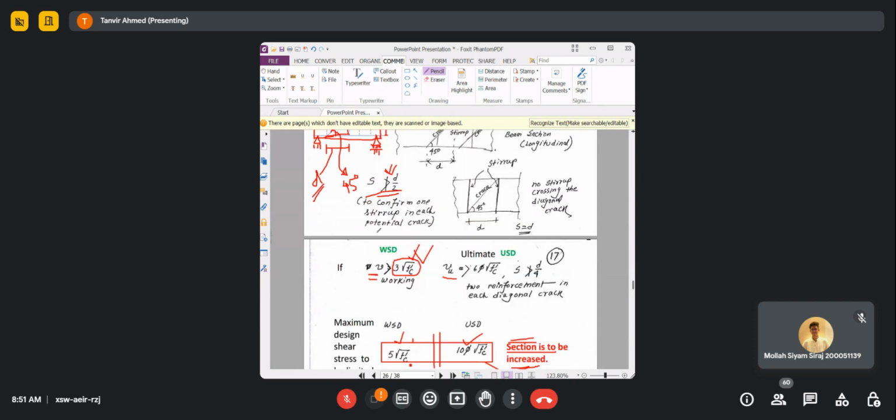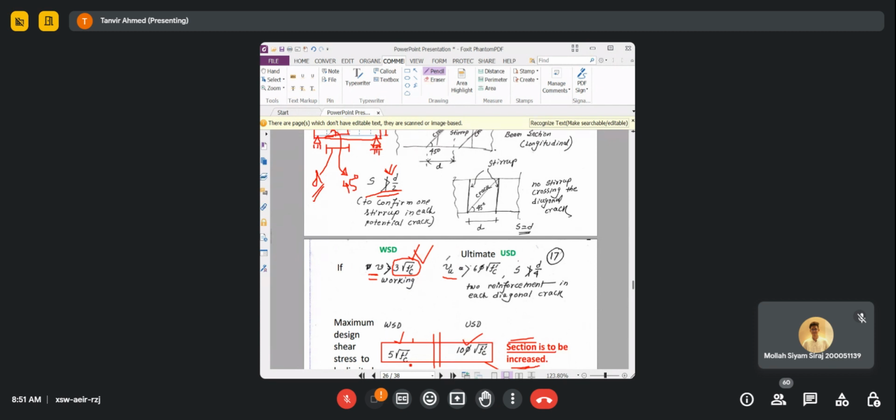So now, if I go back to the maximum spacings again, this is one maximum spacing. When your shear stress, sorry, my mistake, it's shear stress, not shear force, is less than 3 square root of FC prime in case of WSD, then you can provide a maximum spacing of d by 2.